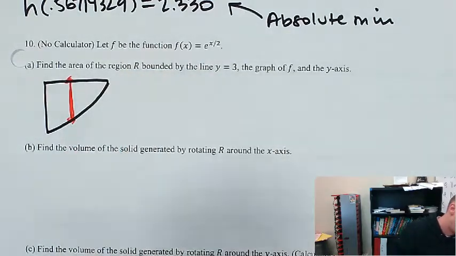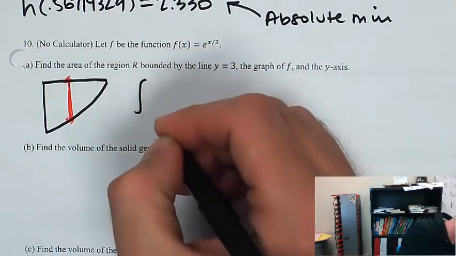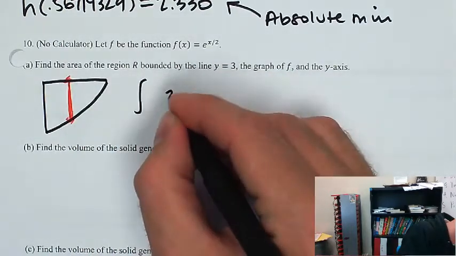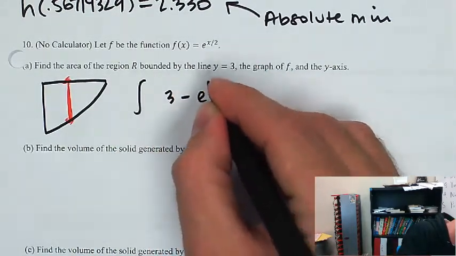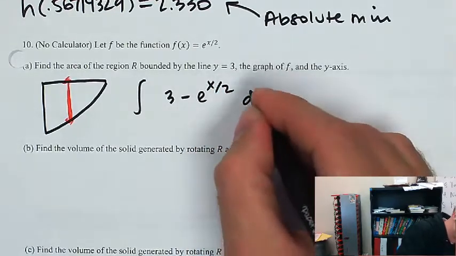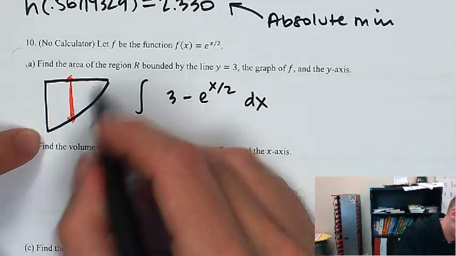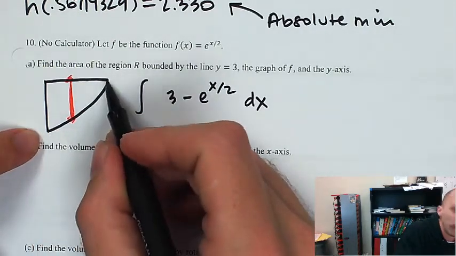So I'm going to be integrating top, y equals 3, minus bottom, e to the x over 2, as x runs from 0, which is the y-axis, all the way up to this intersection point.